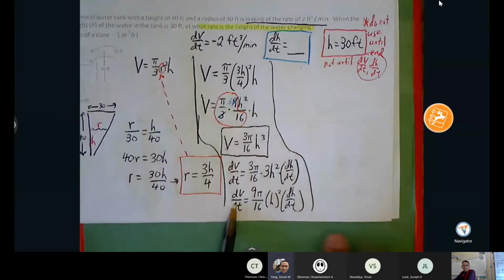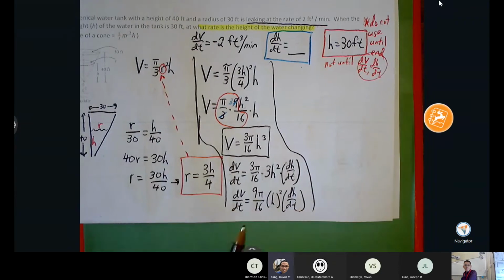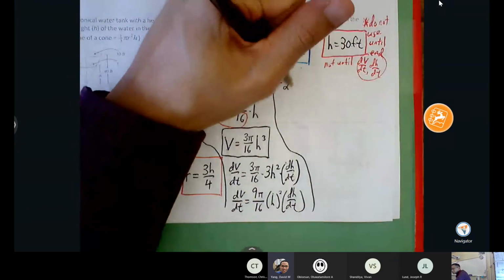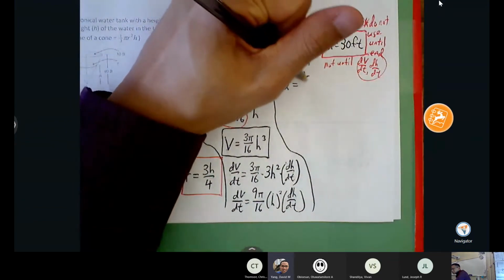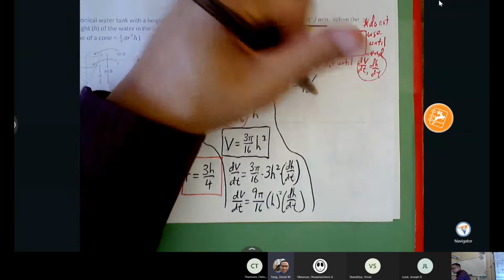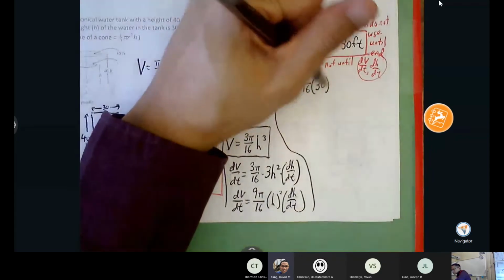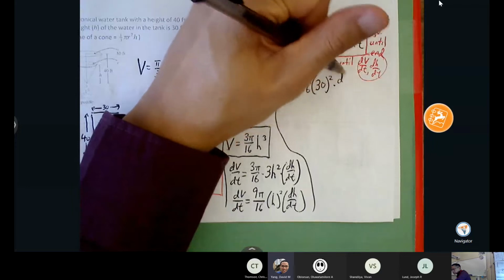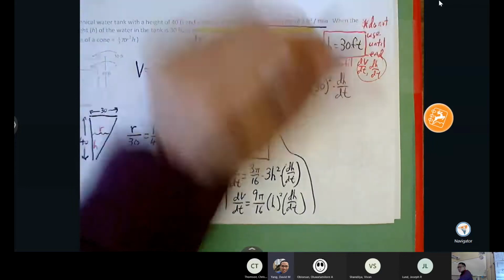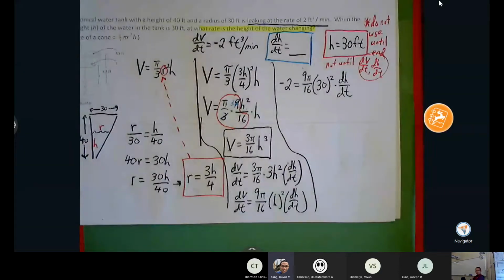Okay, so I can replace dv/dt, I can replace h, and that clears the way to help me solve for dh/dt. Multiply everything out. You can use your calculator to do the work for you.